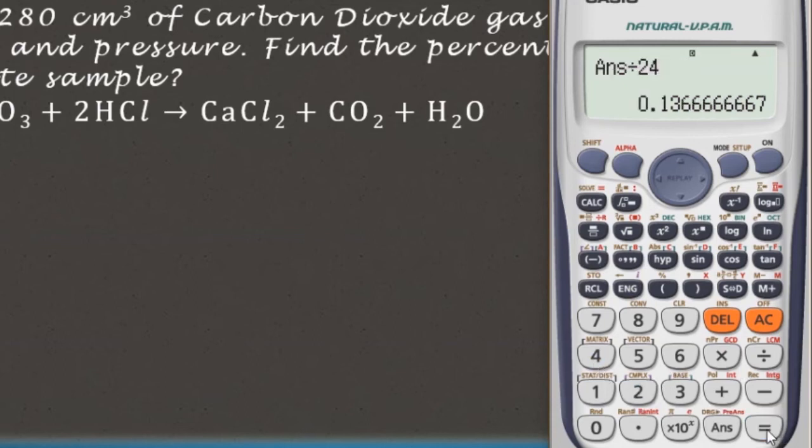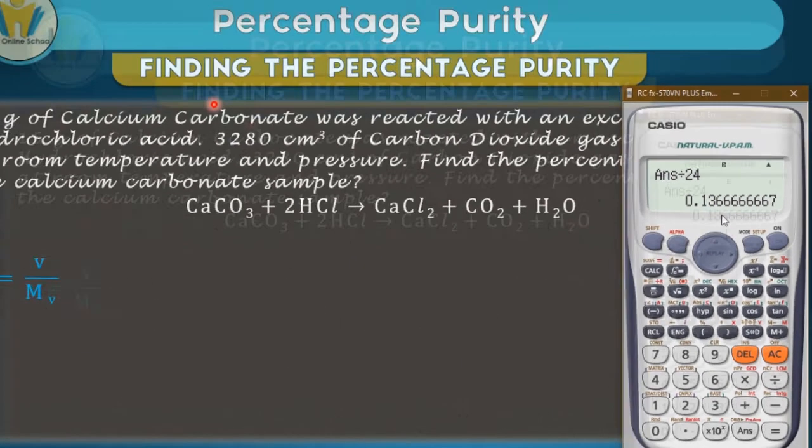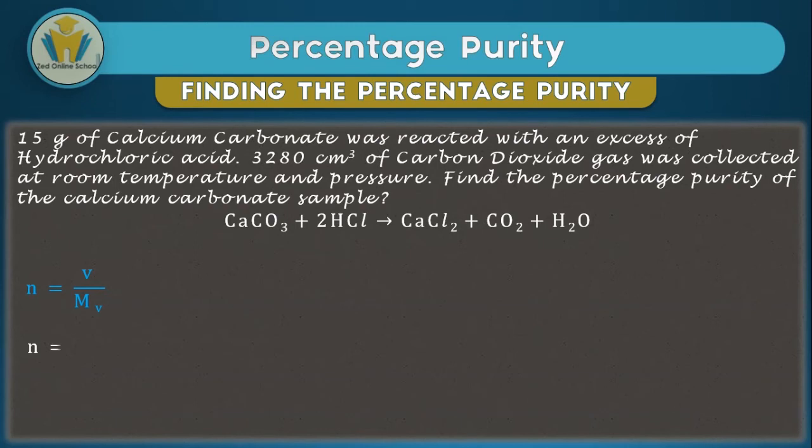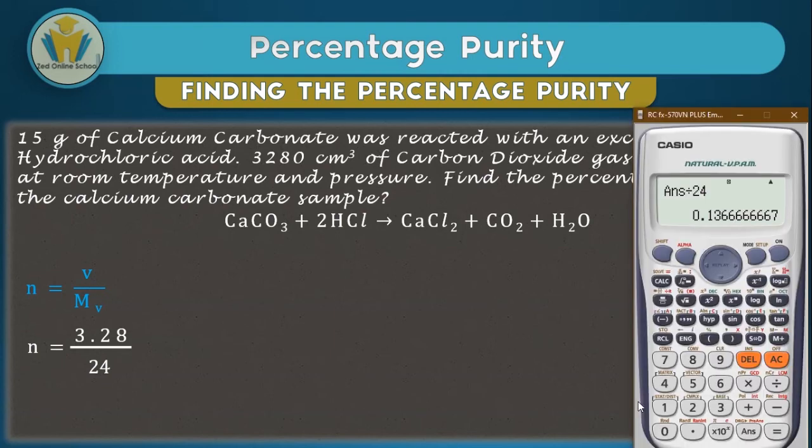I'll come back to just check it if you don't write it anywhere. So n, we said, will be 3.28 divided by 24. Like you already saw on our calculator, the answer is 0.1367. That's the number we'll be using. Like you've already seen, I'm using 4 decimal places usually.